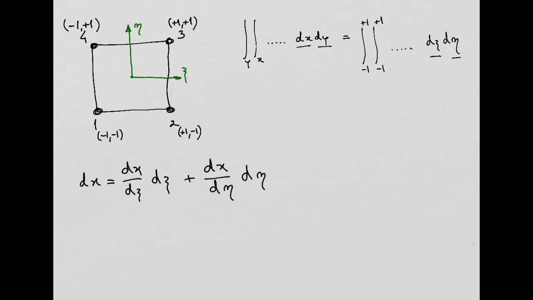So this is the chain rule if you look carefully, right? Why am I doing this? Because look, these two terms are in fact quite easy to calculate.